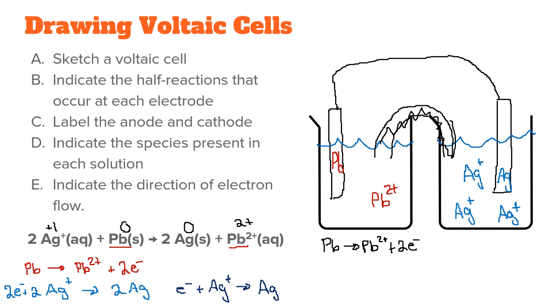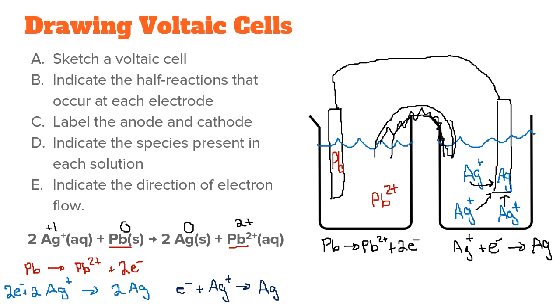With a silver electrode, we have the opposite. The silver ions are going to be gaining electrons to form solid silver. So that electrode is going to be increasing in mass as the silver ions combine with electrons and plate onto the surface of the electrode.